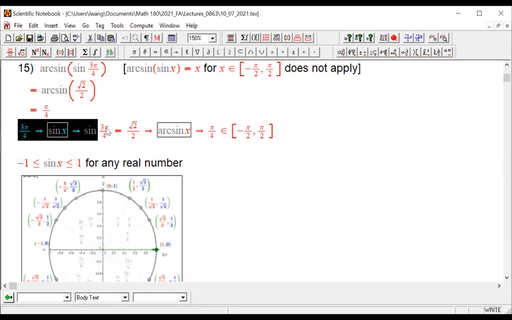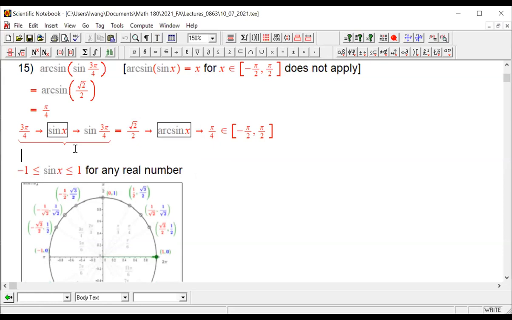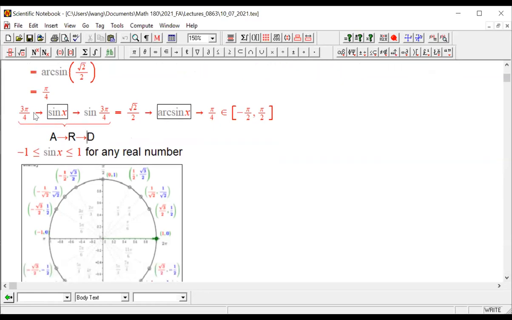Yes. So this piece is ARD, in that order. Why do I say ARD? You see the angle?